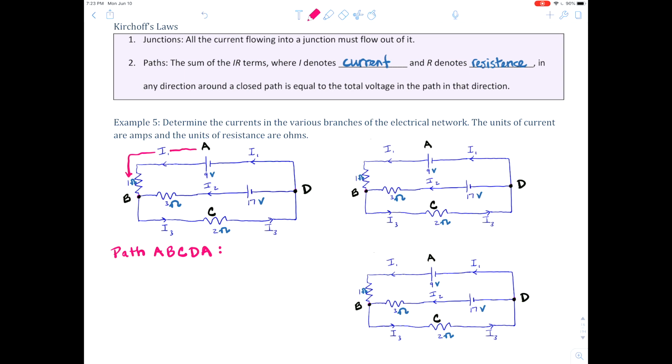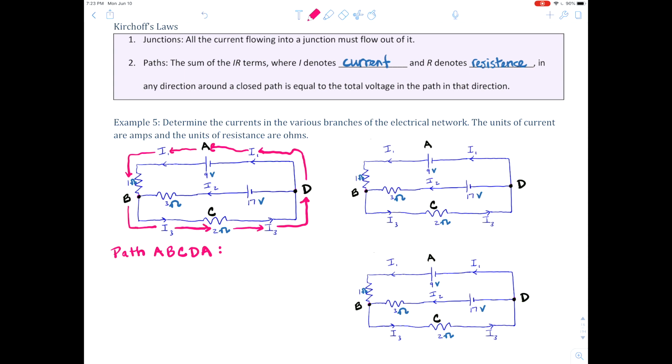Then it goes through B, along I3 to this 2nd ohm, still I3, then goes up to D, and curves around through I1 and back to A.